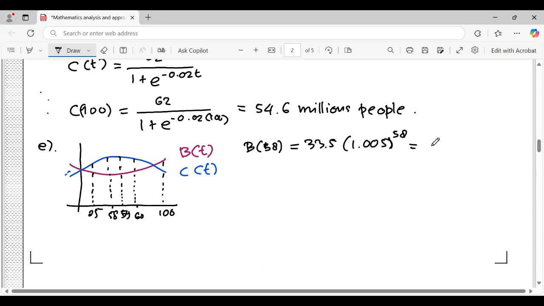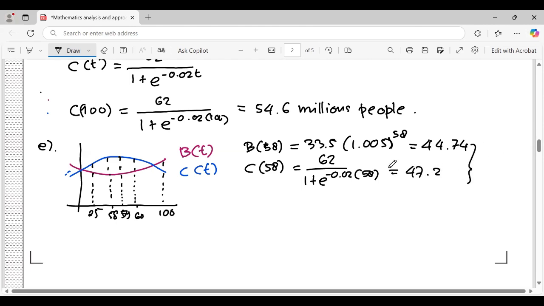The result is 44.74. If you substitute into Cecilia's model, it is 62 over 1 plus e to the power minus 0.02 times 58, and the result is 47.2.